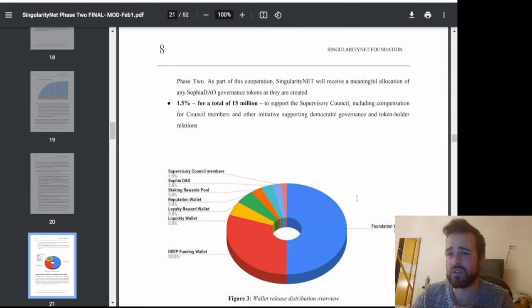Basically, this council is an initiative to support democratic governance and token holder relationships, a council that drives the governance process further, incentivizes people with governance, and gives their opinion as experts about the proposals that are coming into play.